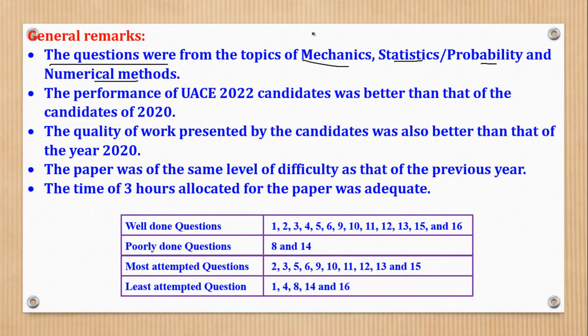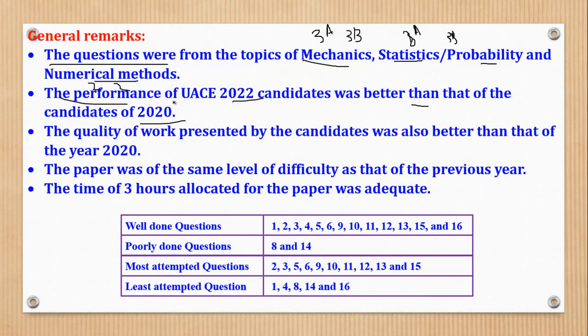So like I told you, in mechanics, 3 questions come from section A and 3 in section B. Then statistics and probability, 3 section A and 3 section B. Then for numerical methods, there are 2 section A, 2 section B to get 8 section A and 8 section B. The performance in 2022 was better than that of 2020.